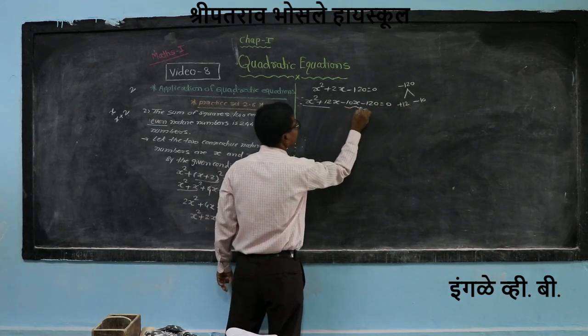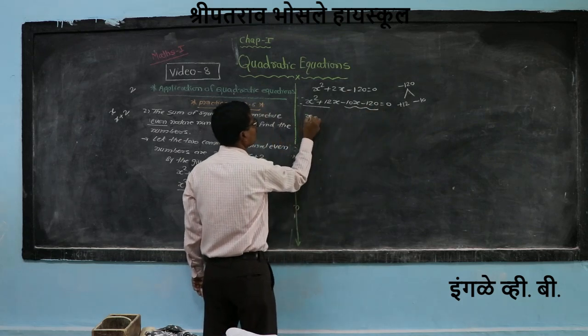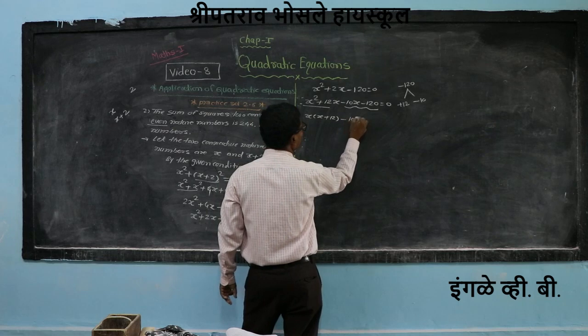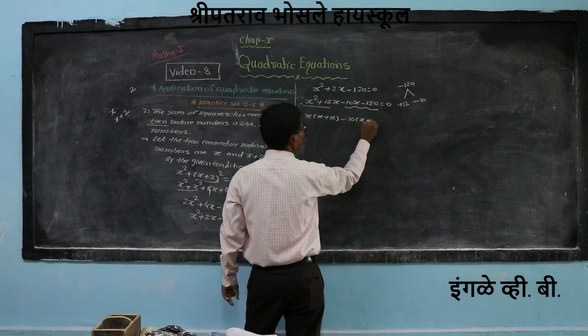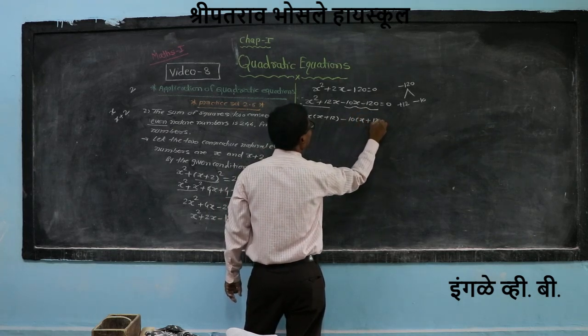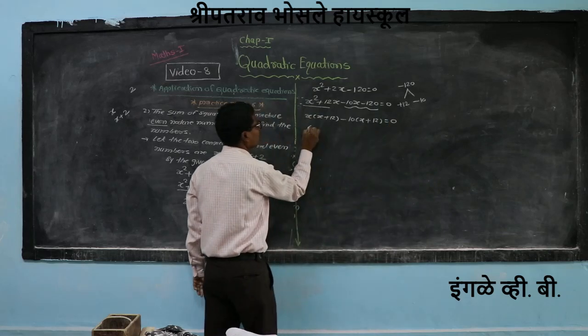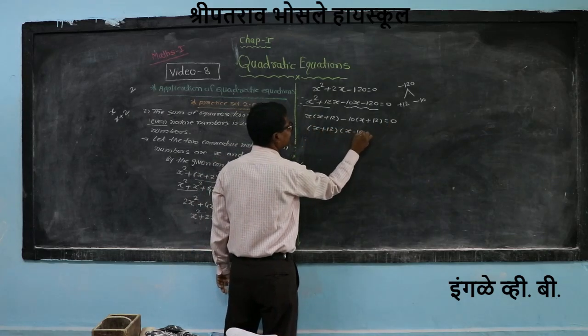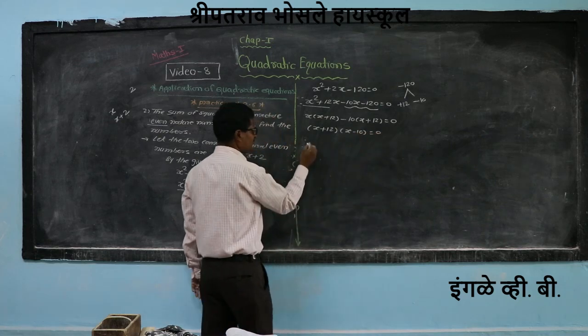Take common from this and common from this: x common, x plus 12, minus 10 common, x plus 12 is equal to 0. So (x plus 12)(x minus 10) is equal to 0.